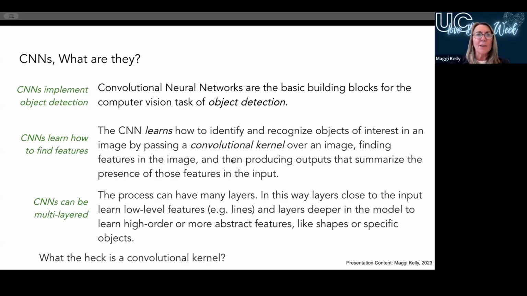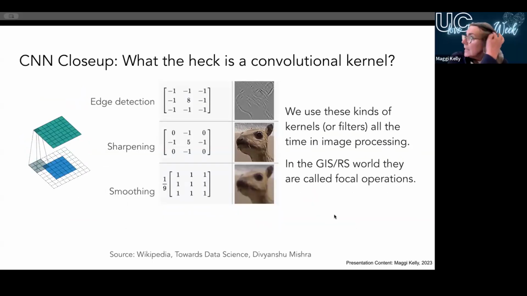And so let's first ask, what is a convolutional kernel? If you've done any remote sensing in the past, a convolutional kernel is just like a filter in remote sensing. We've used these all the time. If you've had a remote sensing class, you might have done edge detection or sharpening or smoothing filters. These are little filters that move through your image. In this case, those are the numbers in the filter, and each time the 3x3 filter moves, it runs that operation and yields a pixel in the middle.